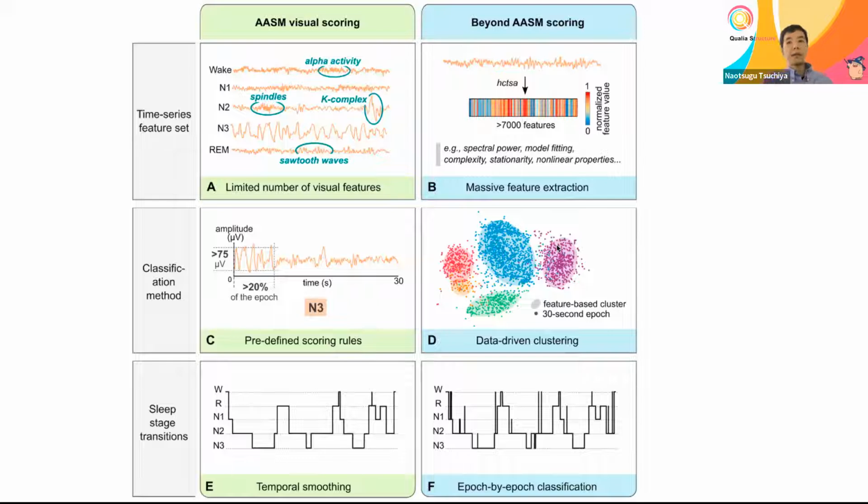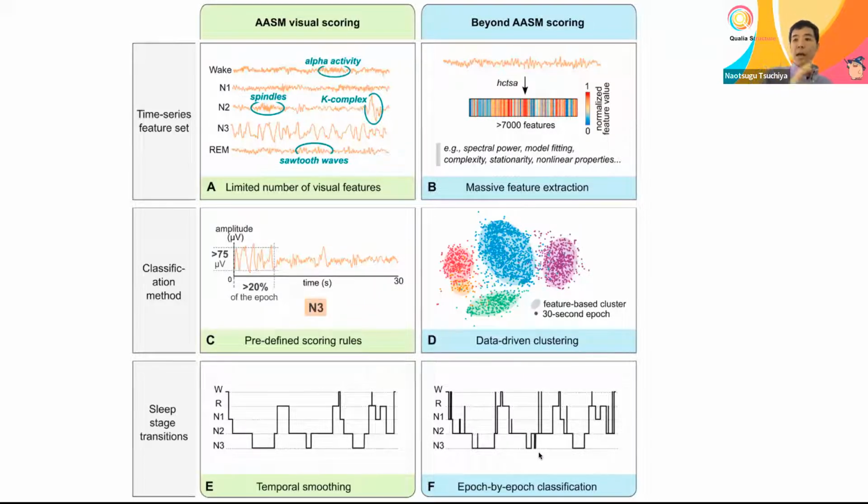And the classification or clustering is potentially driven by the data itself. Data can speak for itself. We don't need to restrict ourselves to 30 seconds, and as computational power becomes available, much shorter epochs are totally fine.